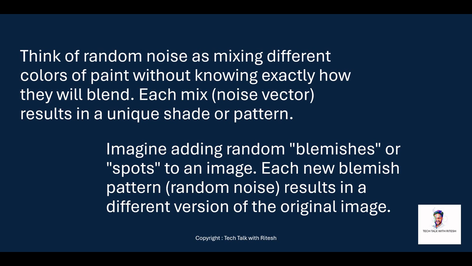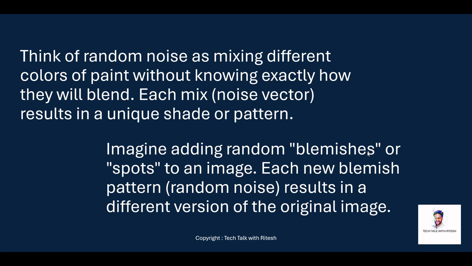Let's see the example. Think of random noise as mixing different colors of paint without knowing exactly how they will blend. Each mix, and mix is nothing but the noise vector, results in a unique shade or pattern, right? So we are just mixing random colors, and then each mix, which is a noise vector, will result in a unique shade or pattern.